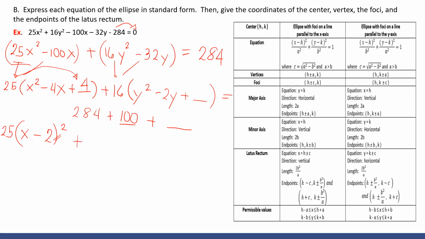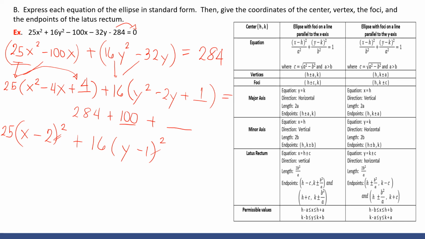Next, plus 16, copy 16. And then, to get the last term of y squared minus 2y, para siya ay maging perfect square trinomial, i-divide natin yung negative 2 by 2, and that is negative 1. And square root of y squared is y. Lagyan natin ng parentheses, then squared. Nagkataon, 1 squared is 1.